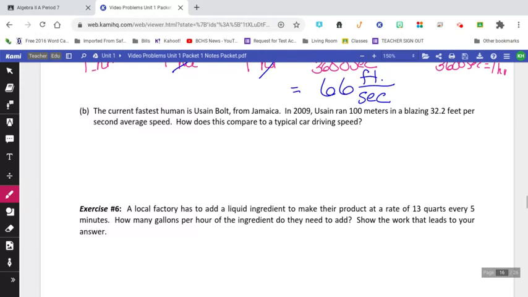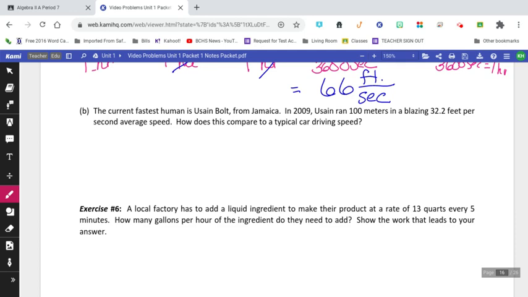Okay, our next part of this problem says, and this might be a little outdated, maybe you've never even heard of him for all I know, the current fastest human is Usain Bolt from Jamaica. In 2009, yeah, that's a long time ago, Usain ran 100 meters in a blazing 32.2 feet per second average speed.